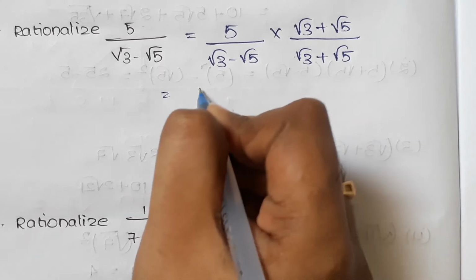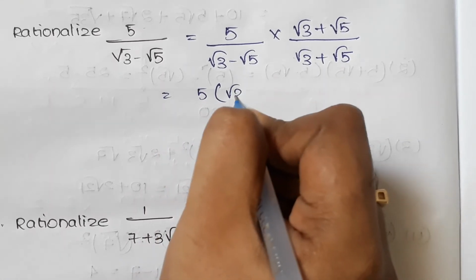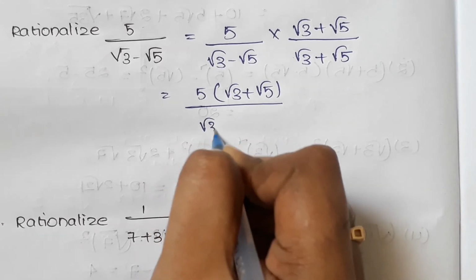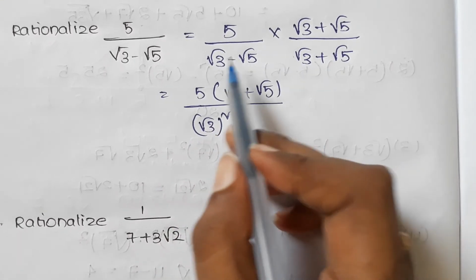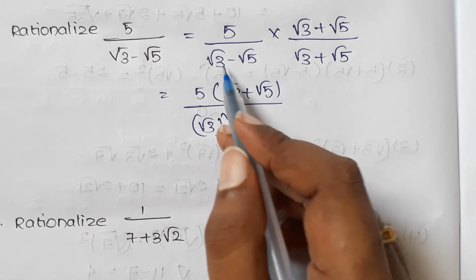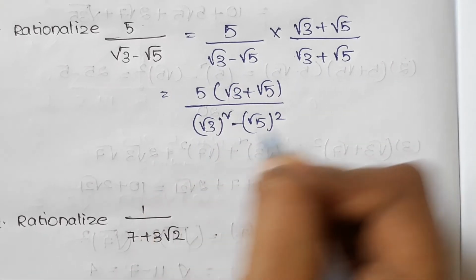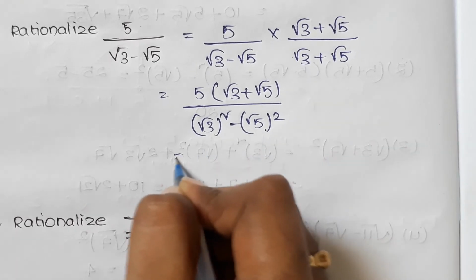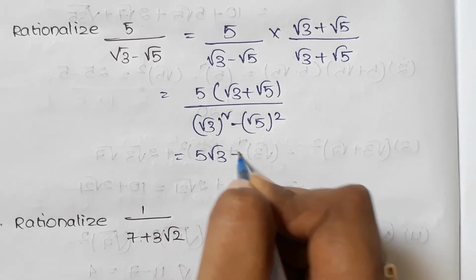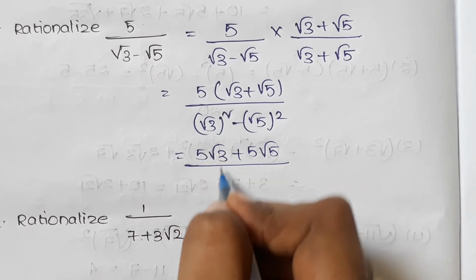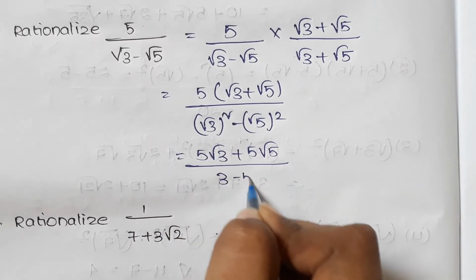And now 5 into root 3 plus root 5 divided by, this is also a plus b into a minus b, that is a square minus b square.